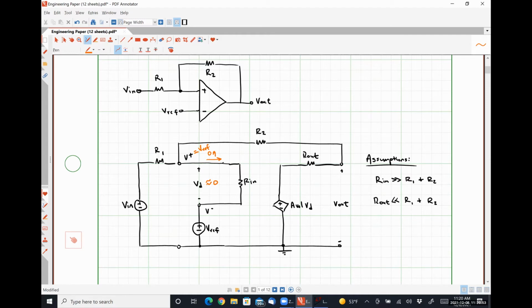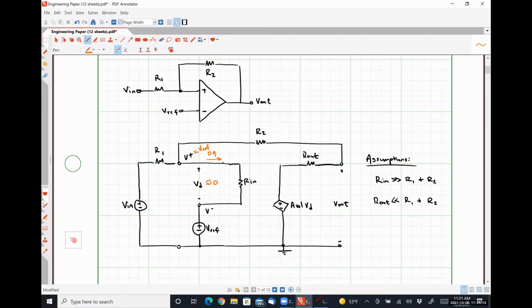So I know this is a little wonky here because I just said that V out is going to swing between VCC plus and VCC minus, where V out is equal to AVOL times VD. And I'm now saying that VD is approximately 0. That just means that AVOL is really, really large.